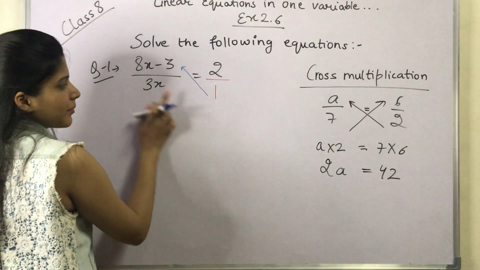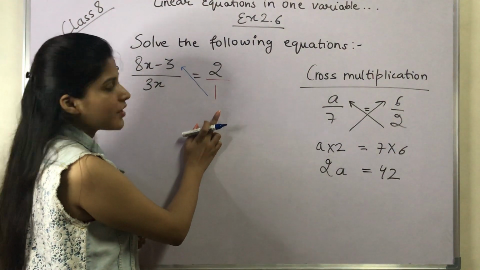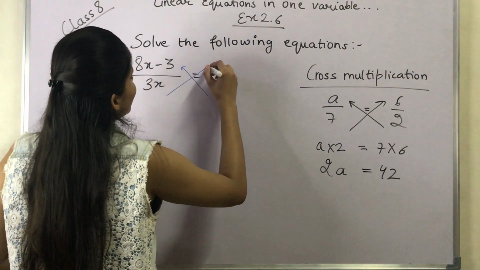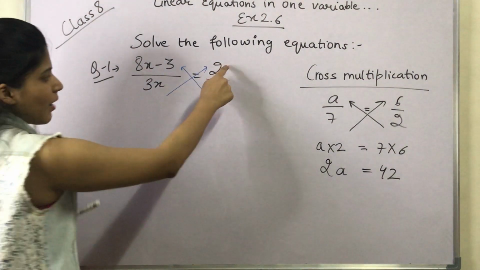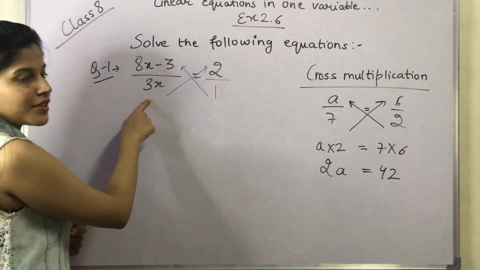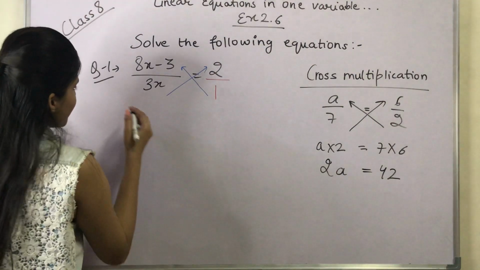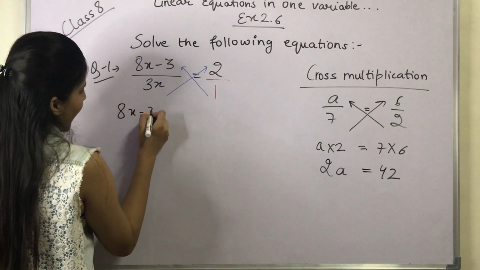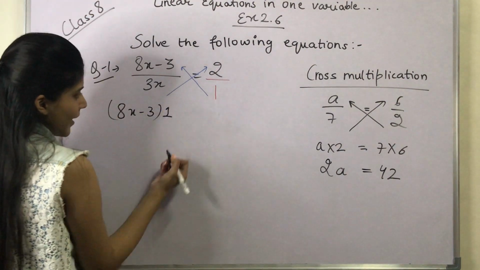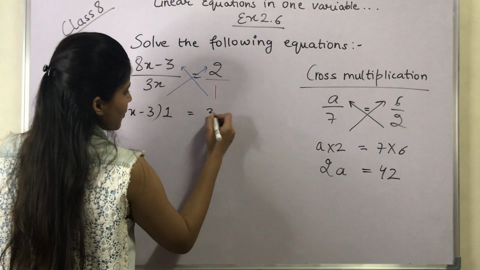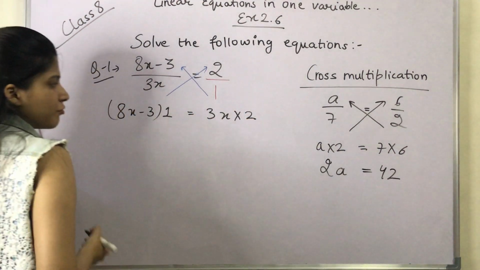Numerator of this number will be multiplied by the denominator of this number, and numerator of this number will be multiplied by the denominator of this number. So the question becomes (8x minus 3) into 1 equals 3x into 2.